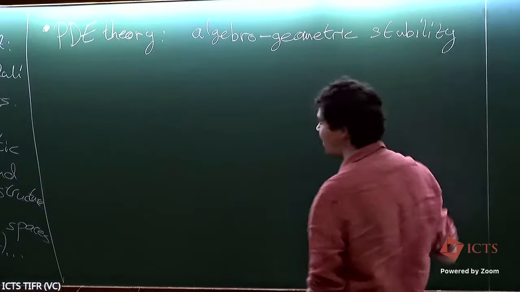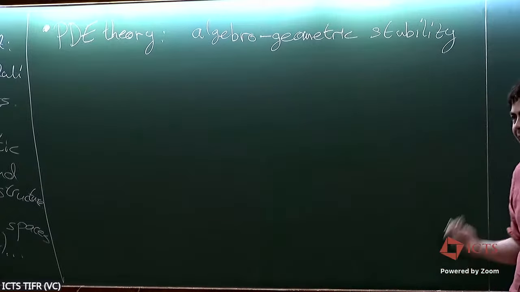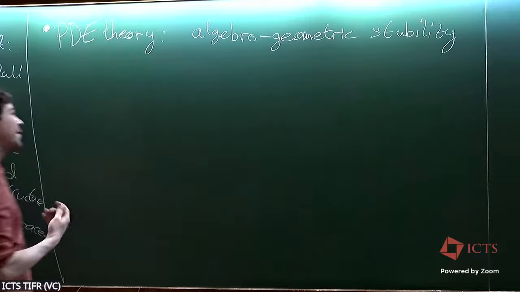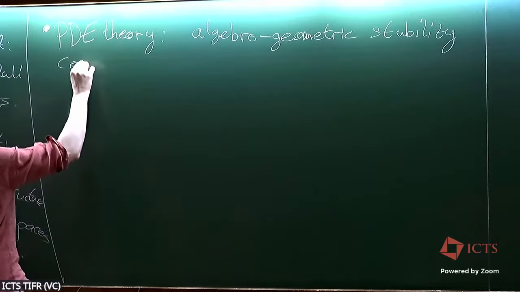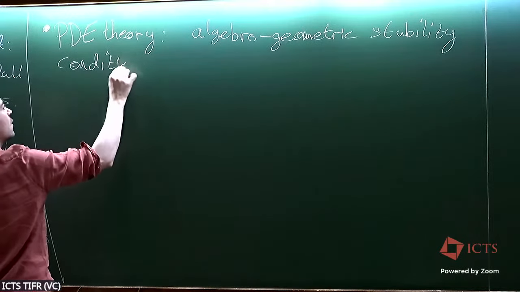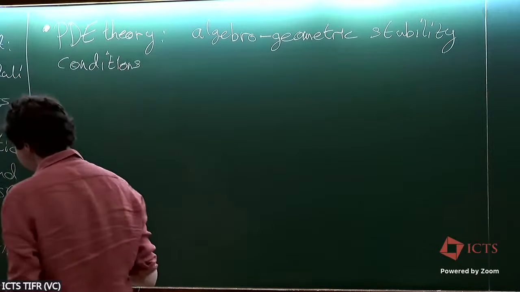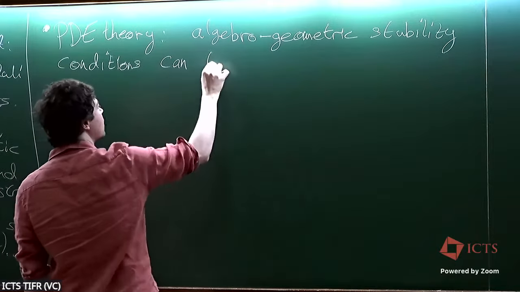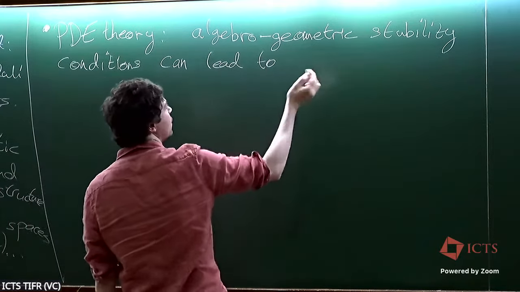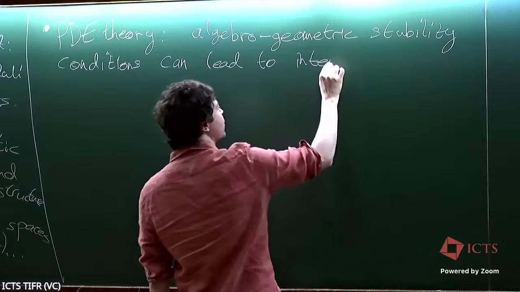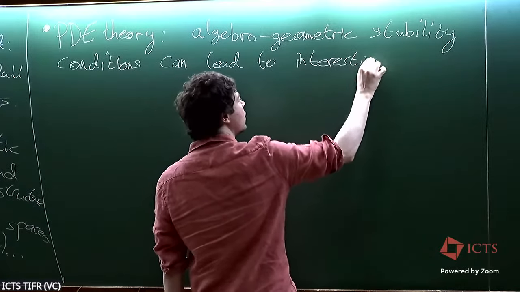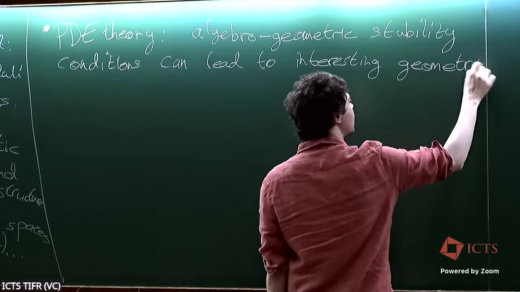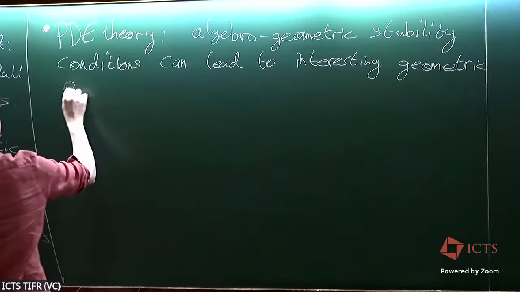In geometric analysis, it's not difficult to write down a PDE. It's difficult to write down a PDE with interesting properties. So algebro-geometric stability conditions can actually lead to interesting geometric PDEs that actually have strong geometric properties. And there are many examples of this in many different parts of mathematics.